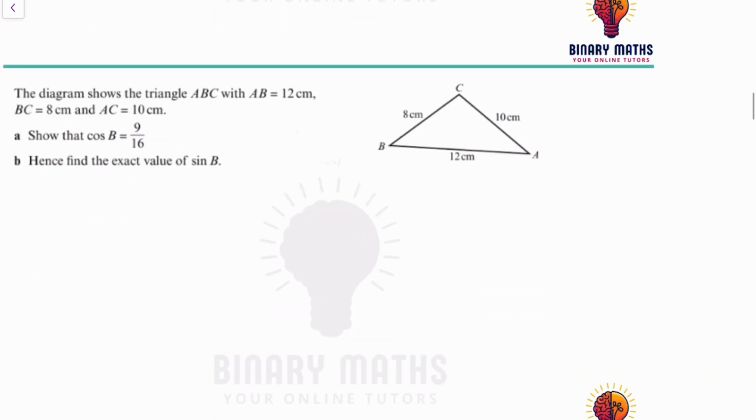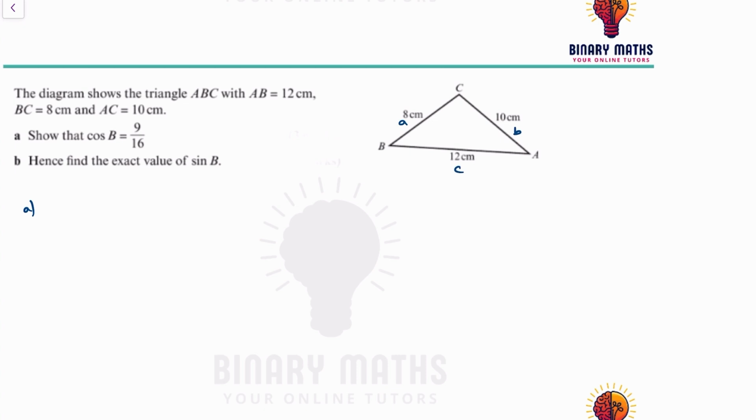Okay, the diagram shows the triangle ABC with AB equal to 12, BC equal to 8, and AC equal to 10. Show that cos B is equal to 9 over 16. So cos B, let's call this B, let's call that little a, and let's call that little c.